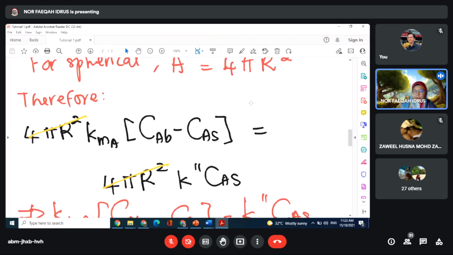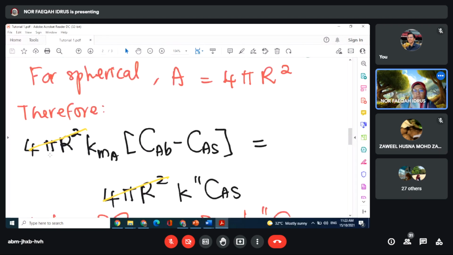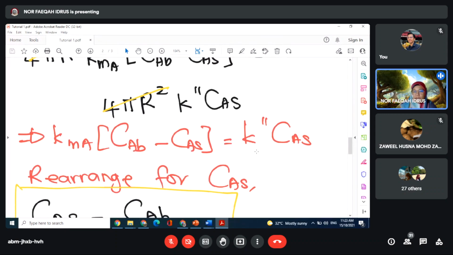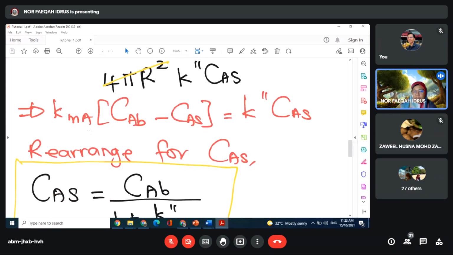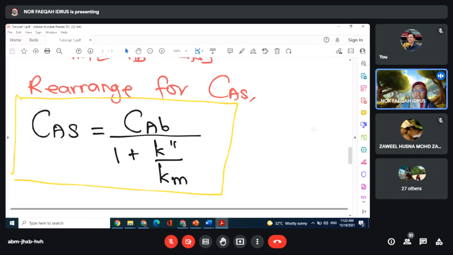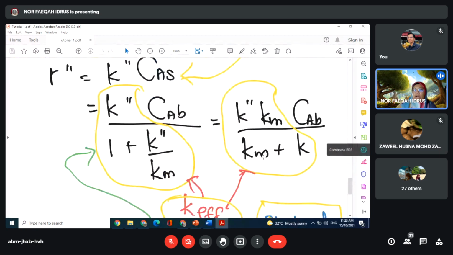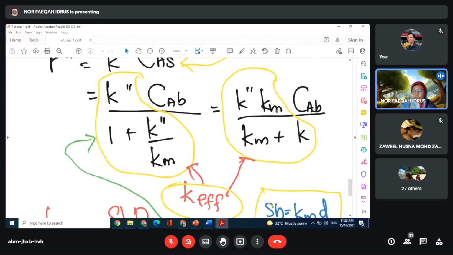Okay, so therefore ganti masuk, rearrange the equation, cancel out. Macam yang tadi, yang detail derivation yang saya cakap dalam nota tadi. So rearrange, okay, dapat yang ni. So yang ni yang saya tunjuk tadi, macam mana nak rearrange for km.